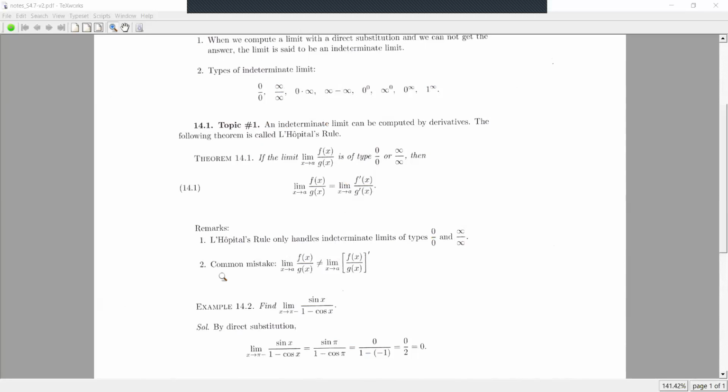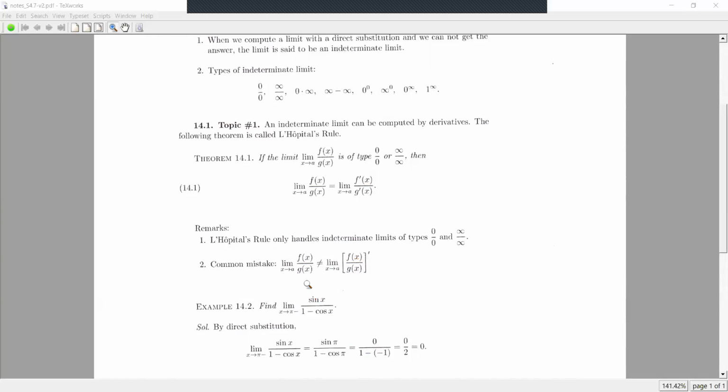The second thing you need to pay attention to is that in L'Hopital's rule, we take derivative separately on the functions f and g. Don't take derivative on the whole quotient. This is a common mistake. I often saw in the last several semesters, students compute this limit by taking derivative on the whole quotient.